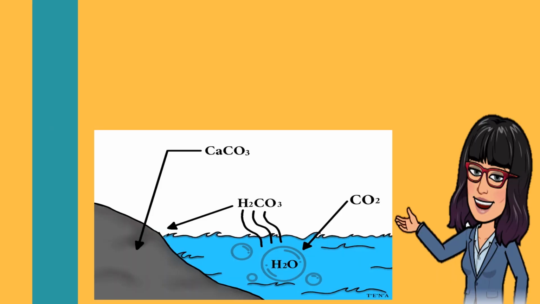What do you see? Yes, this process is called acidification, brought by the emission of carbon dioxide by human activities. When carbon dioxide reacts with water in the ocean, it produces carbonic acid that leads to lowering of the water's pH, making the ocean more acidic.